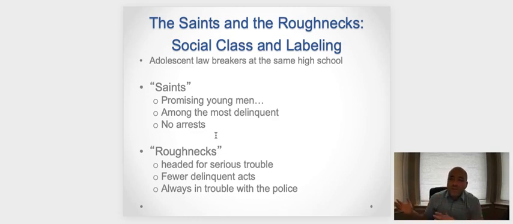But since the police only perceived the roughnecks kids to be doing this, those are the ones that they watched. And when they watched them, they caught them, because they were engaged in those behaviors just like the saints were. And because they weren't watching the saints, they didn't catch the saints participating in these crimes. So then their bias was confirmed, right?